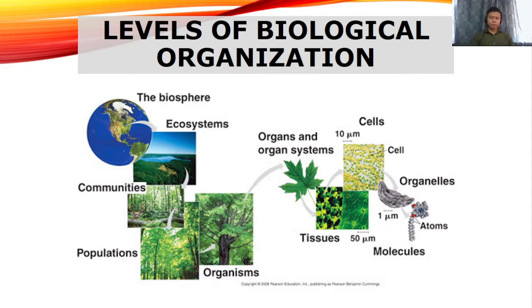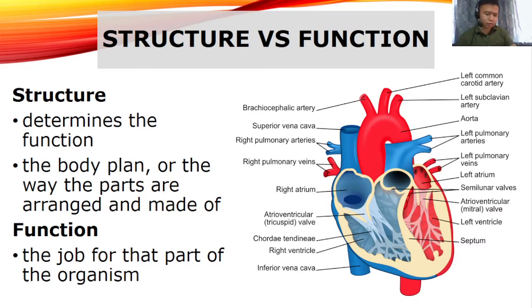Moving forward, let's try to define the differences between structure and function. Structure determines the function, wherein it is made up of different parts, okay? Different types of cells are arranged accordingly to perform a specific function. So function will always be dependent on the structure.